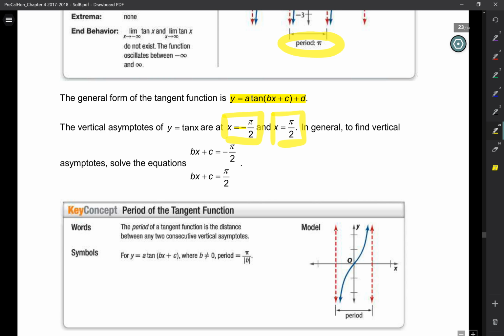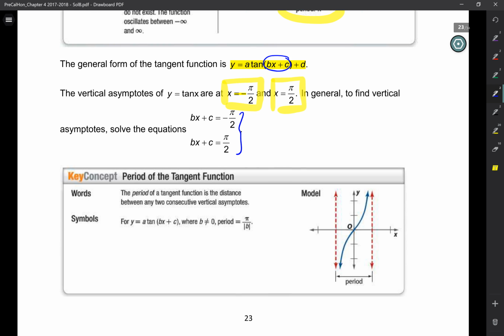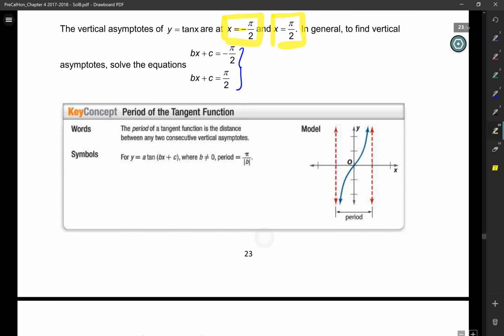So remember we always looked at bx plus c. We set it to negative pi over 2 and pi over 2, and that's where our asymptotes are. All right. To figure out the period, for the sine or cosine, we do 2 pi over b. For the tangent, it's just going to be pi over b.